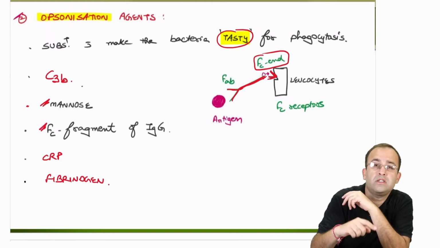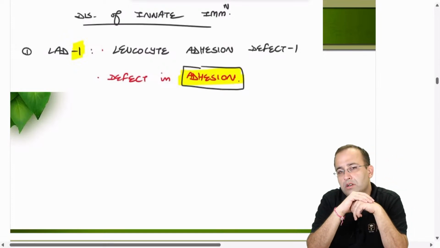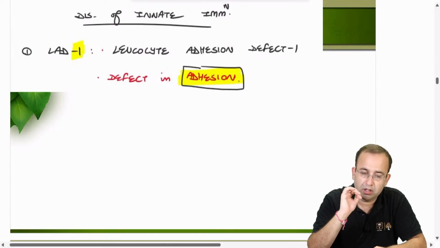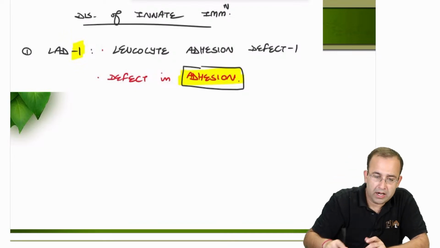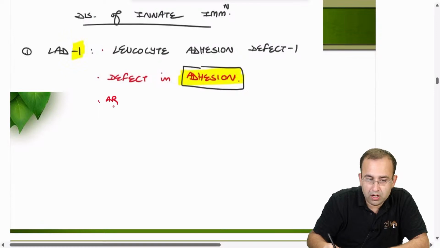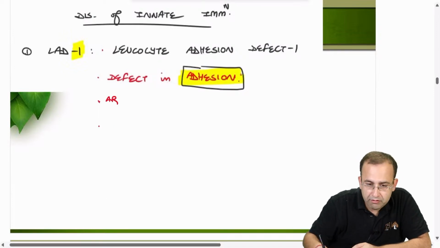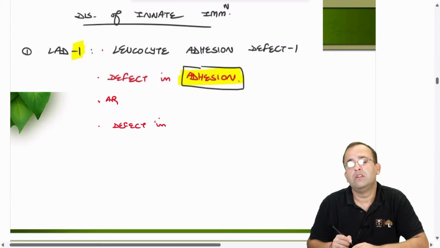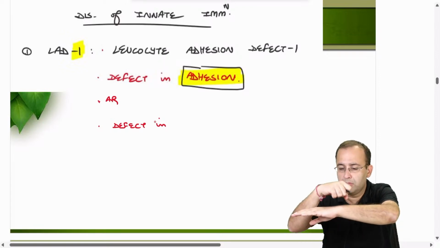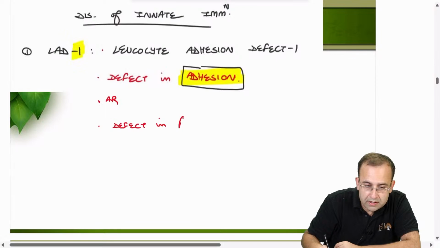So this gets us to our next important topic, the diseases associated. Very, very important again. We have seen LAD1 is a defect in adhesion. LAD2 is a defect in rolling. Both LAD1 and LAD2 are autosomal recessive. LAD1 is a defect in adhesion because of a defect in which WBC receptor for adhesion? Integrins. So it is a defect in beta 2 integrins.